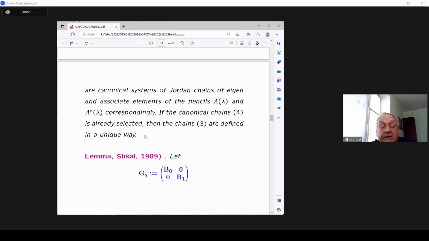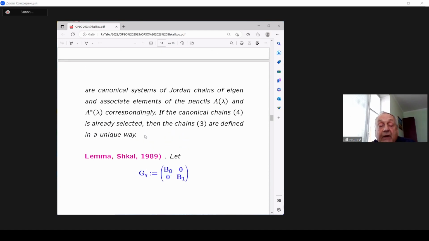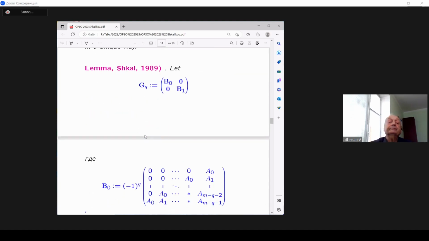And here I shall present the result which I proved in 1981. Certainly it is connected with 0 and 1, which I formulated before.